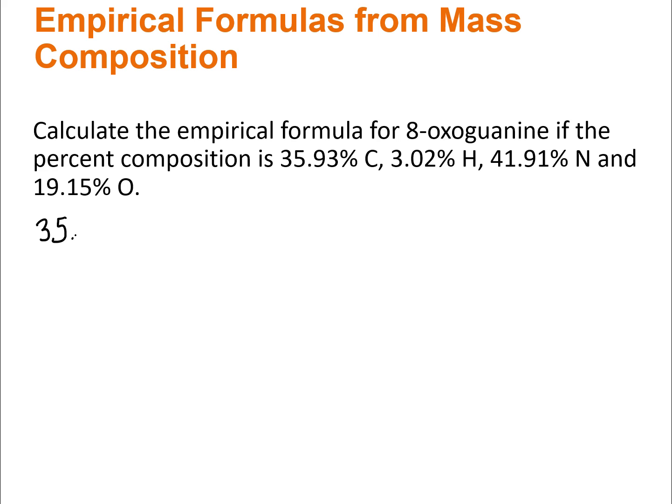We make our assumption that we've got 100 grams. That way we can figure out the number of moles. And I know y'all don't really have a problem with this part. It's the part that comes after.